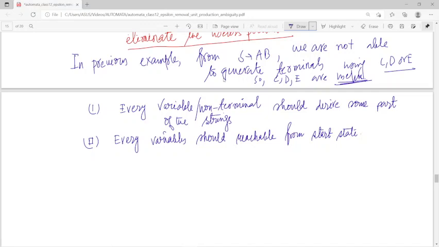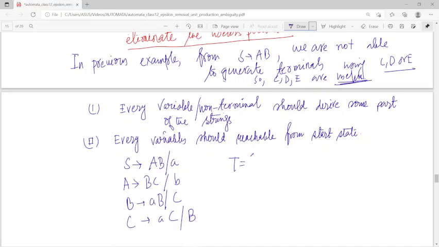So if we write S to AB or A, from A to BC or B, from B to AB or C, from C to AC or B. So here the terminals are only small a and small b.